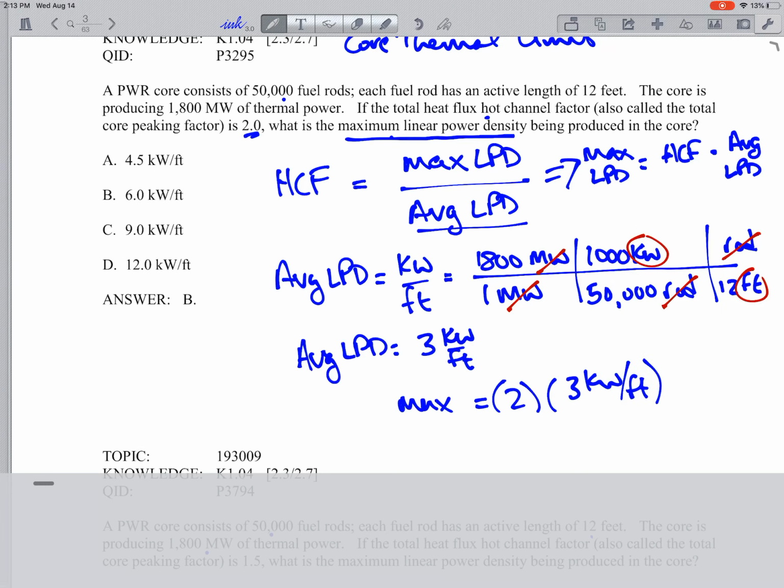So they were nice to you. They didn't give you 3 kilowatts per foot as a choice here, right? You have 4.5, 6, 9, and 12, right? So this answer is obviously B. So they're actually pretty good to you, right? So that equals 6 kilowatts per foot is the max.